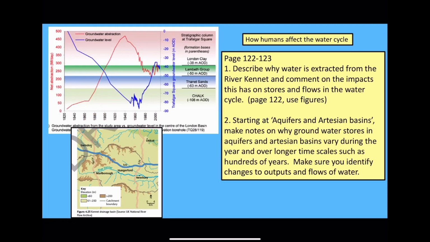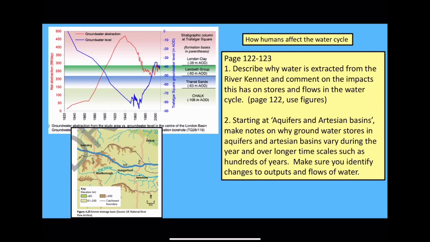Okay, so we've got a few notes to take. So pages 122 and 123. There's a mini example here, a place called the River Kennet, and we want to look at the impacts that water extraction has on the stores and flows of the water cycle. There are some figures on page 122.